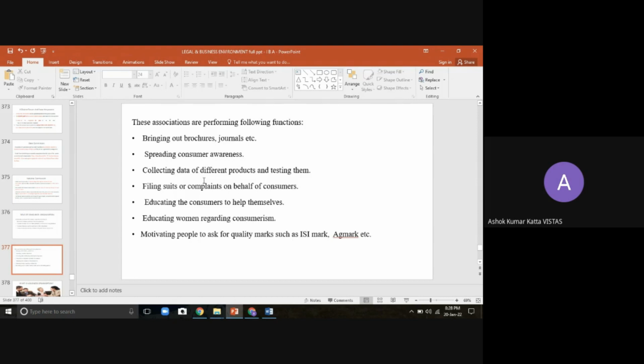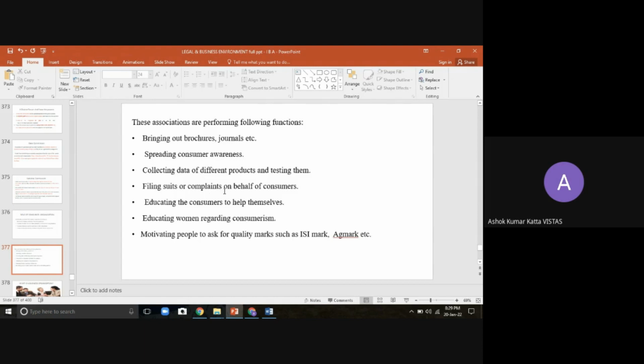If you have any doubts about a product, they will get samples and check the product in front of you, and they will tell you scientifically what was proved, and that many restricted things were included in the product. This is not at all good for human beings. So this kind of testing help will also be done by these consumer firm agencies. Knowingly or unknowingly, they are helping us in a bigger way.